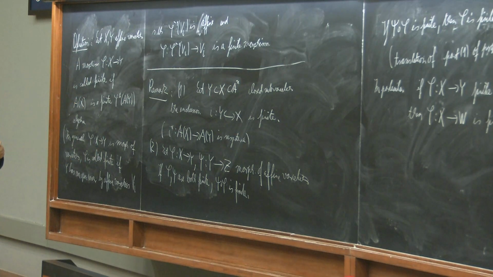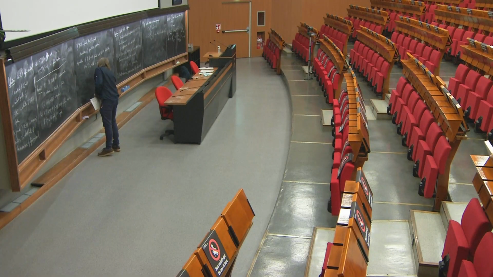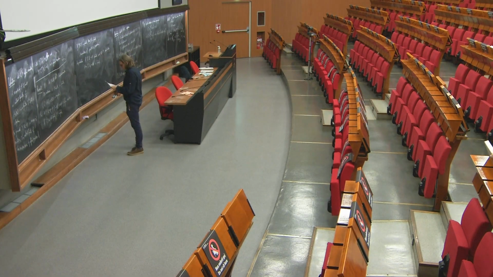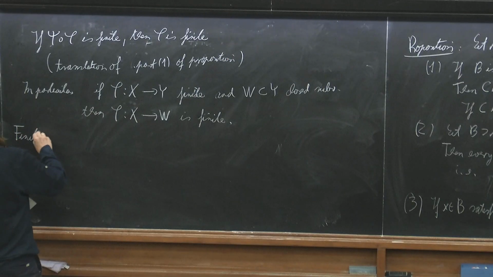If you have morphisms from affine varieties, they have a strong tendency often not to be closed. But finite morphisms are closed. So the image of any closed subset is closed. So we want to see that.